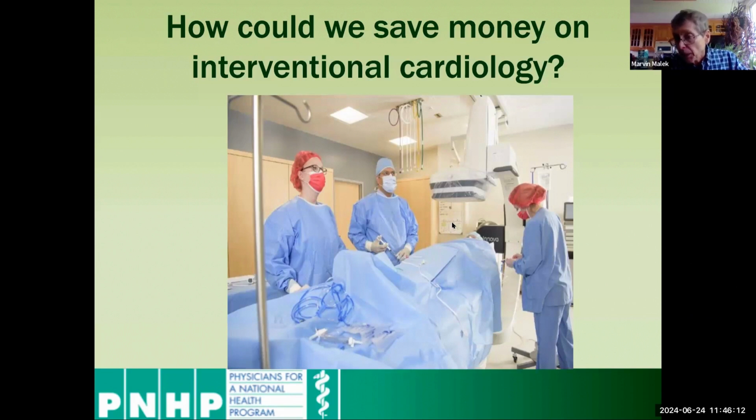You could probably close one of those, get the other one bolstered with a little more volume, and save a whole lot of money. But that's profitable, so it doesn't happen in our system.